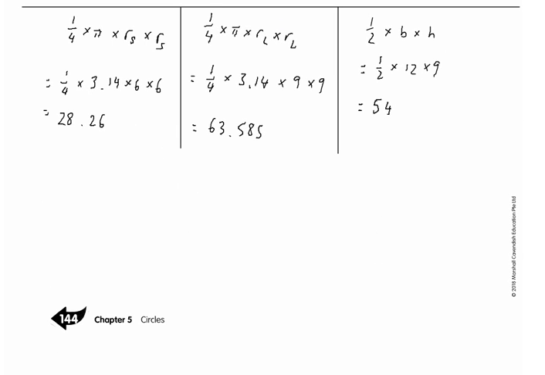So what should the last step be, Jack? I add all the areas together. So I have 28.26 plus 63.585 plus 54.